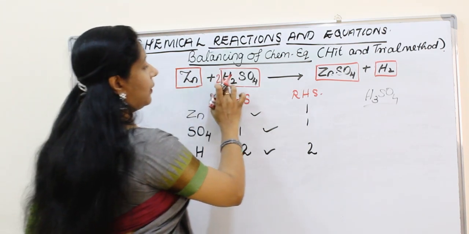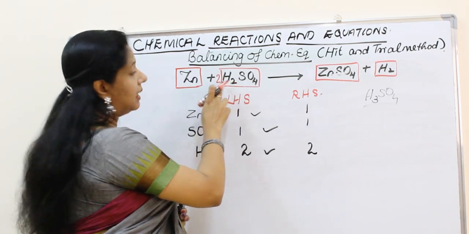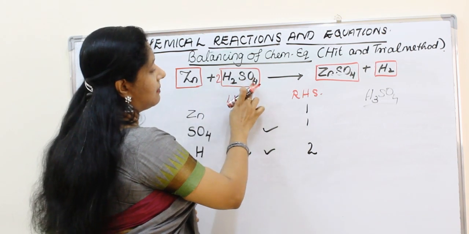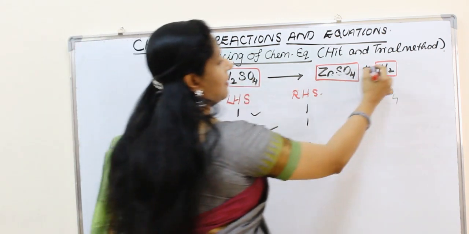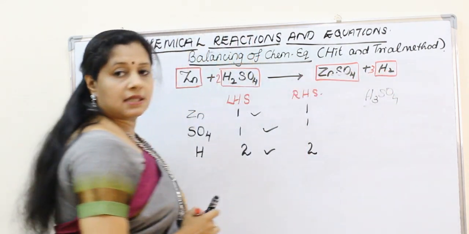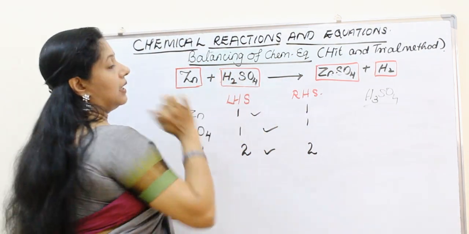This is applicable to everything inside. So now hydrogen, already 2 there, you have to multiply with this: 2 into 2, 4. Sulfur becomes 2. Oxygen becomes 4 into 2, 8. The same way if I make it 3 here, then hydrogen becomes 2 into 3, 6. So this is how we are adding the number in the equation.